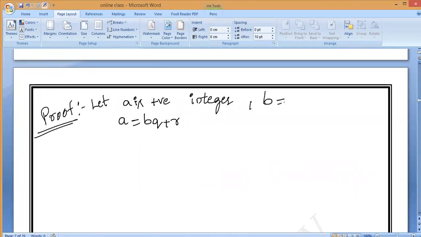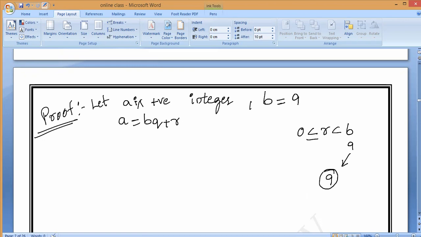And b value, what is our b value? Suppose you take 9. What is the range of r? 0 less than or equal to r less than 9, it will go to 8. Suppose you take 9, here we get 9 values. It means very complicated, correct?